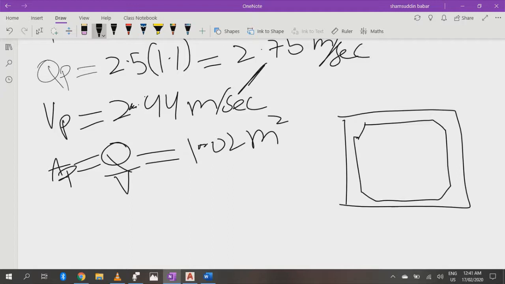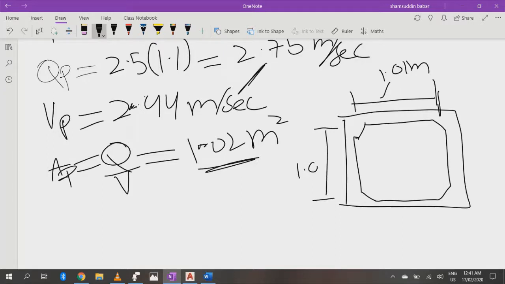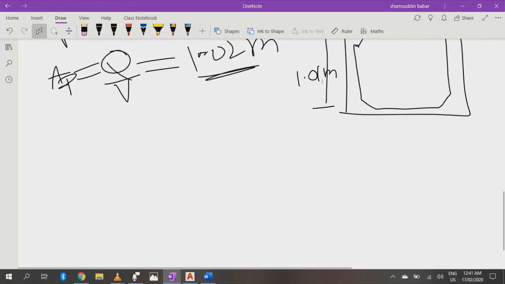If I square root this area, I will get one side equal to 1.01 meter and 1.01 meter. So this is what our barrel looks like, and this is its side.